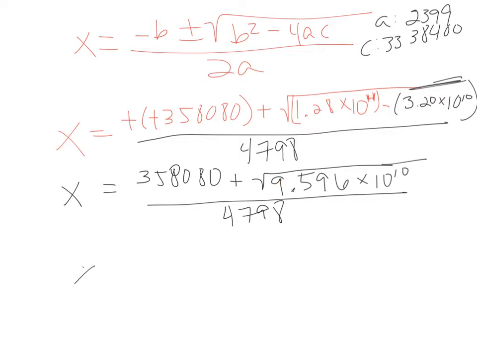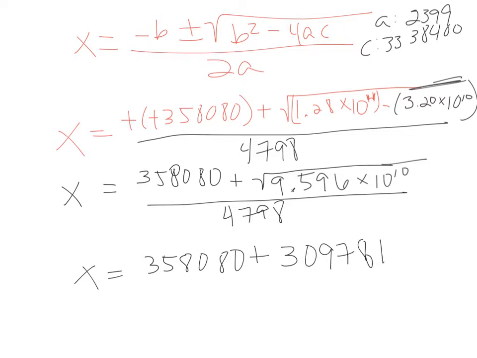So x equals 358,080 plus the square root of this ridiculously large number, and I get 309,781, really should be rounded to a 2, divided by 4,798.